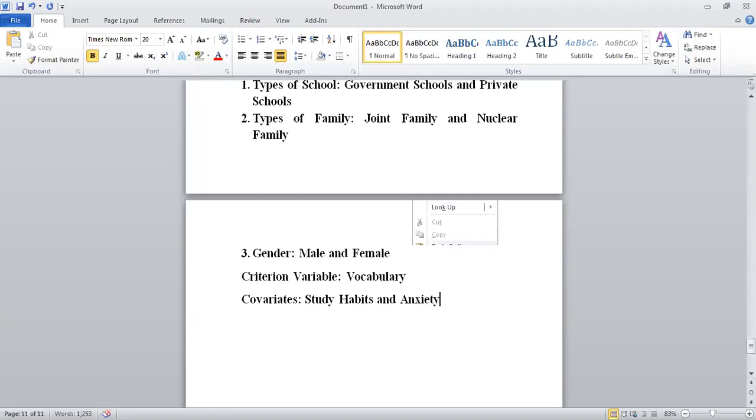Both these covariates which I have taken will also be continuous variables. So therefore, their scale of measurement will be interval or ratio. That's fine, nice. Now, keeping these in mind, let us now write the objective.